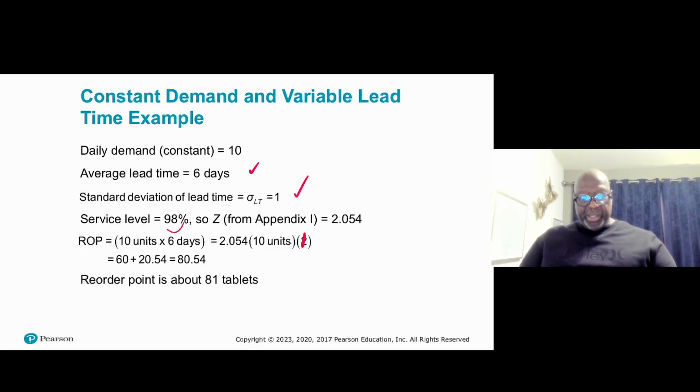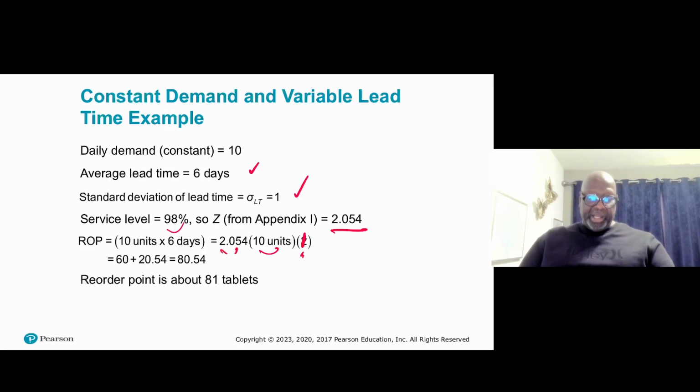Service level 98%, which leaves you 2%, which means that your Z value is 2.054. So 10 by 6 days is the lead time. 10 units per day gives us 60. And then we have a Z value of 2.054. D is our demand. And then the standard deviation of the lead time is 1, but they had a 2 here, it should have been 1.